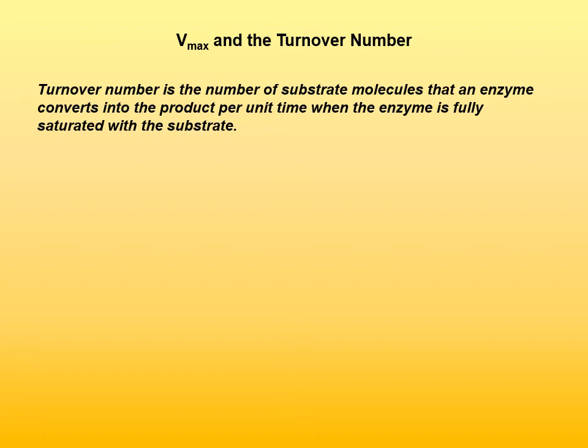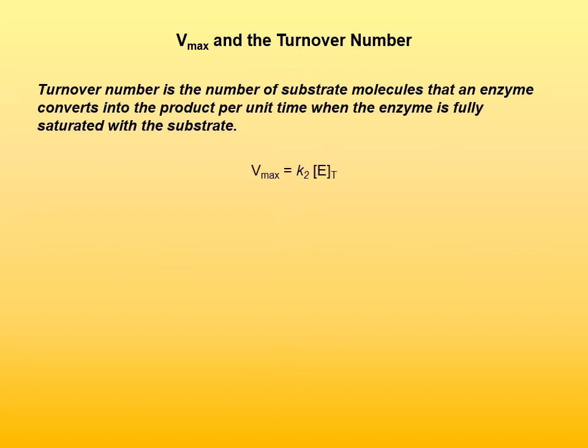Typically, we express turnover number per second. So how many molecules of substrate, enzyme, or in general catalyst processes per second? It could be also per minute or some other unit of time. Of course, the higher the turnover number, the faster the reaction. That means the more efficient the enzyme is.